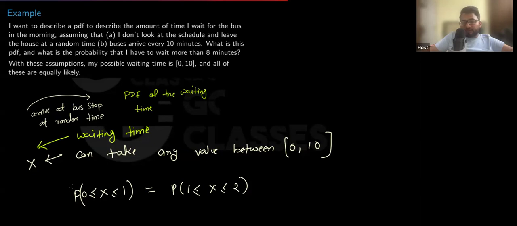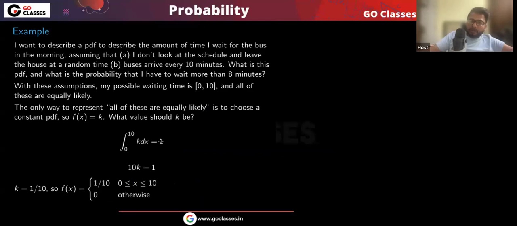So what is the probability that the bus is coming in the next 1 minute? These two probabilities are the same, right? So the only way to represent this is that all of the intervals are equally likely. The bus can come anytime, so that's why the PDF is going to be constant, which is also called the uniform case.